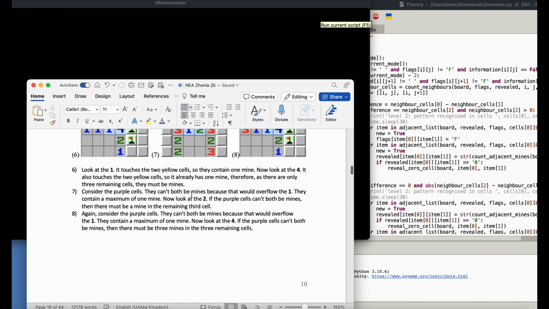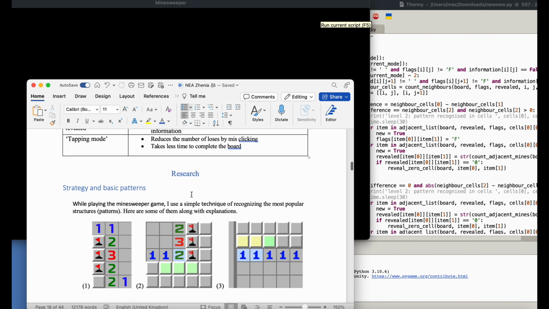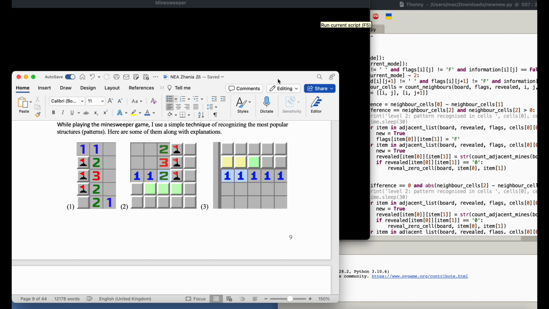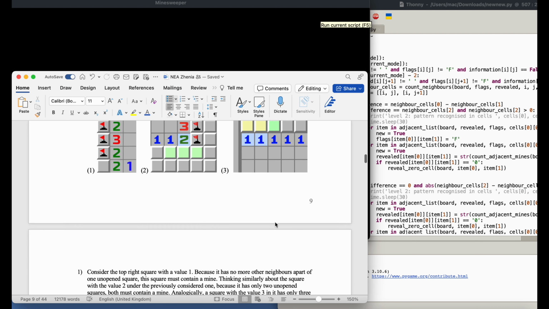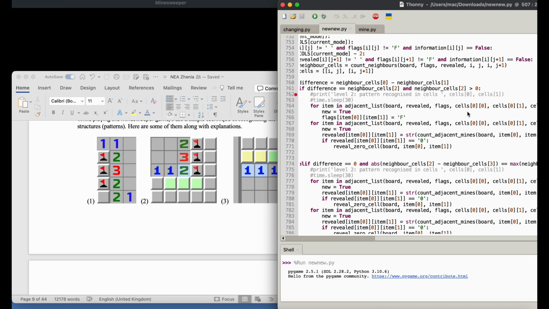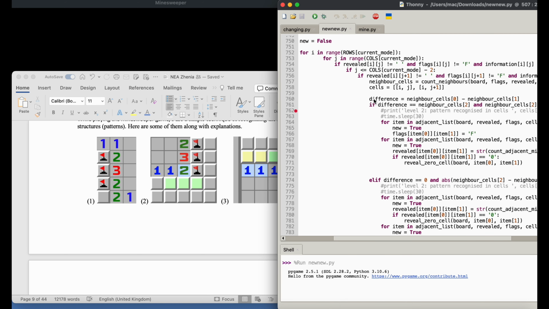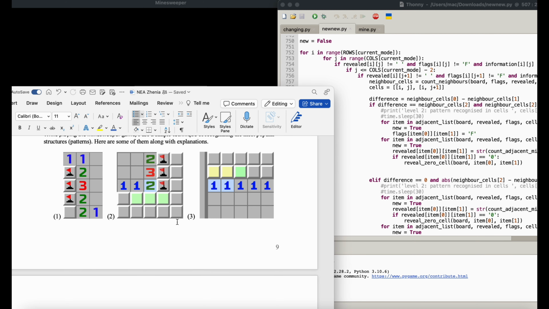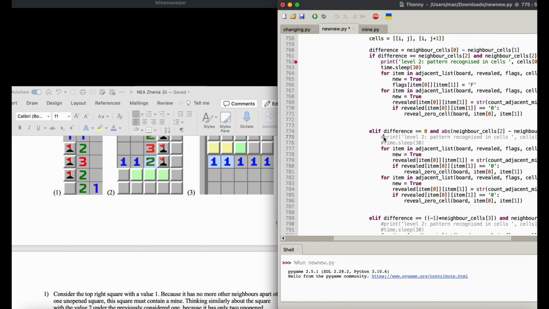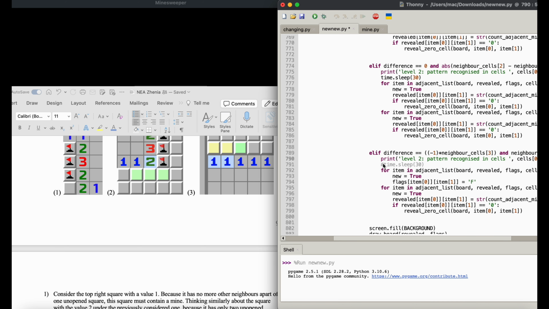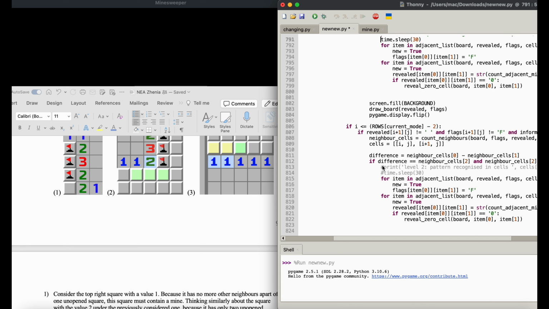As I explained, I combined the patterns in a common pattern which I deduced by doing some calculations, and I'm going to print the cells which we are considering, and I'm going to point out the patterns which the program uses.